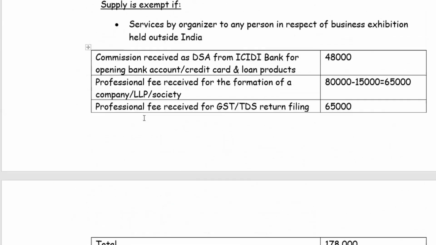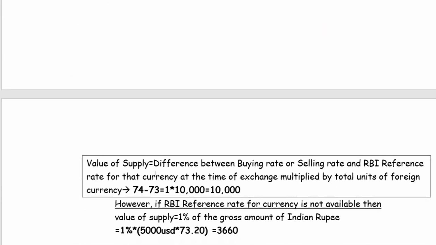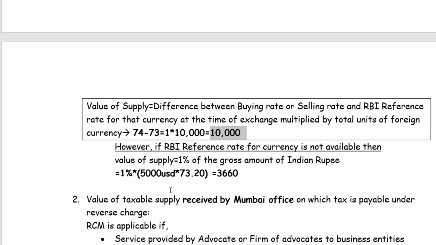For the first one, they have given the RBI reference rate, right? So the answer will be 74 minus 73 is equal to 1, into 10,000 USD. That comes to 10,000 rupees. Okay. For the next, the RBI reference rate is not given. In that case, we have to multiply it with 1%.